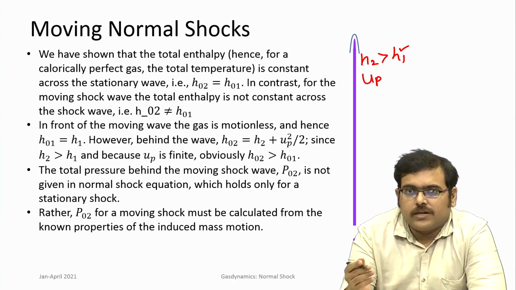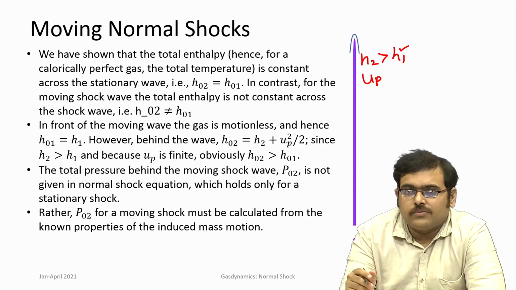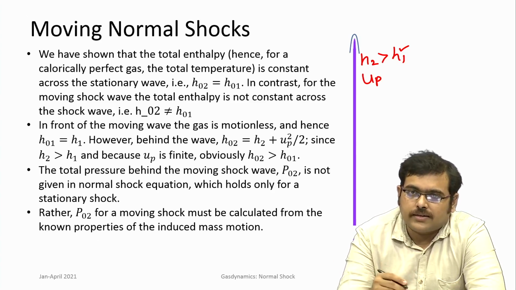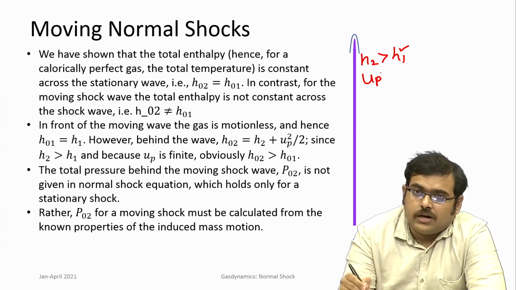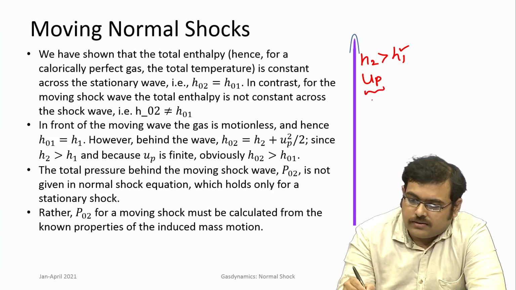Now, the shock is moving into a quiescent medium, that means before the shock moves the velocity is 0, but once the shock passes over a particular point, the gas is moving at that point with the velocity Up. So, the total enthalpy now is H2 plus Up square by 2.